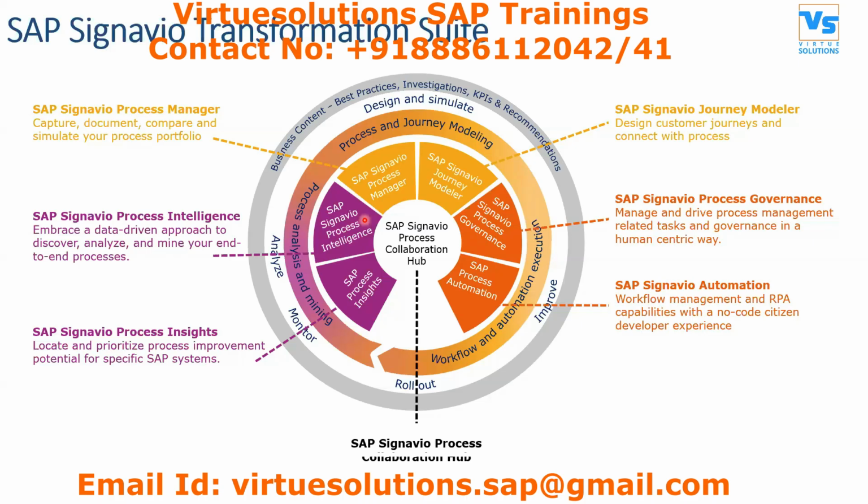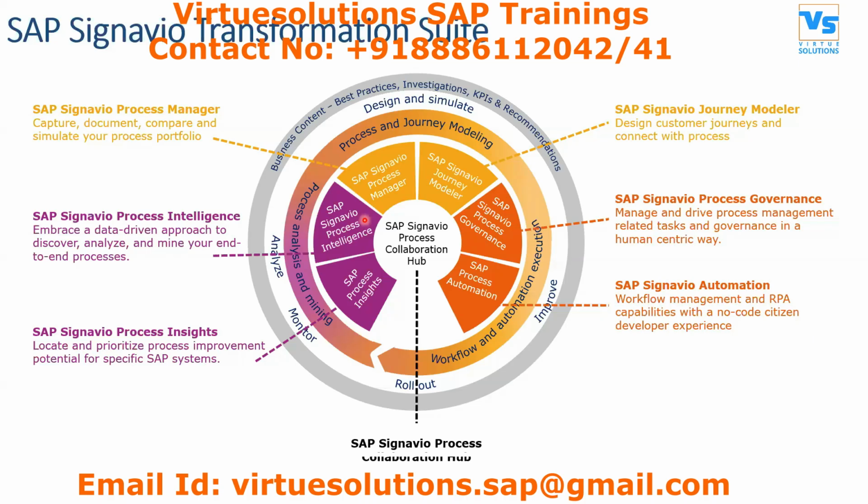Whereas if you want to deep dive your analysis, if you want to do root cause analysis for your business process, and if you want to connect multiple source systems to a single process mining solution where you want to visualize the end-to-end process, then the process intelligence tool helps.